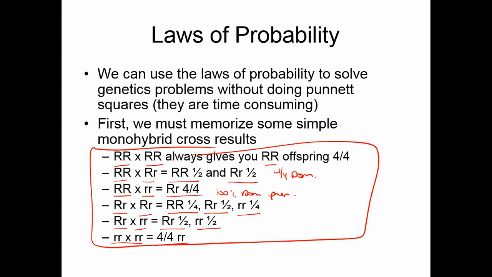It doesn't really matter what letter you use. Here we've got 3/4 that are going to be dominant phenotype, and 1/4 that's going to be recessive phenotype. And here we have half dominant and half recessive. And here we have all recessive phenotypes. So make sure you can do that as well.